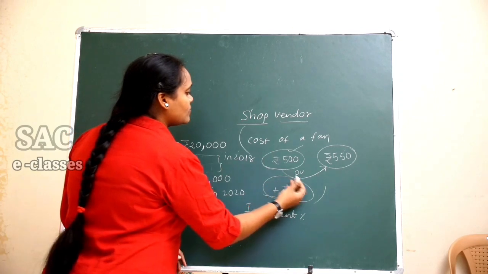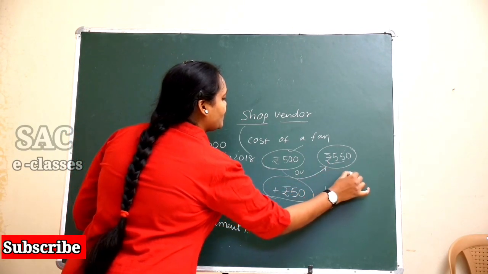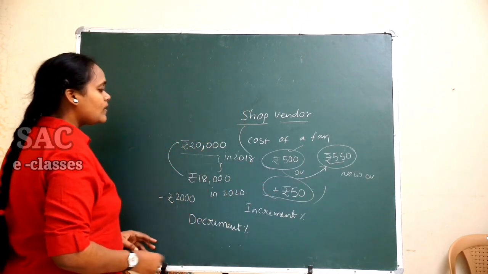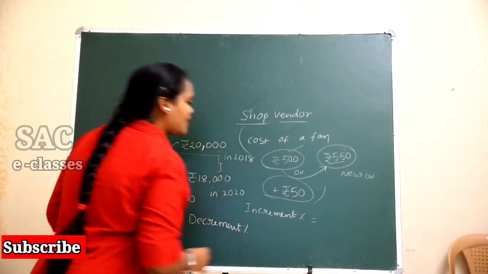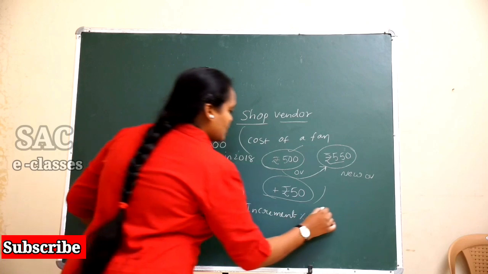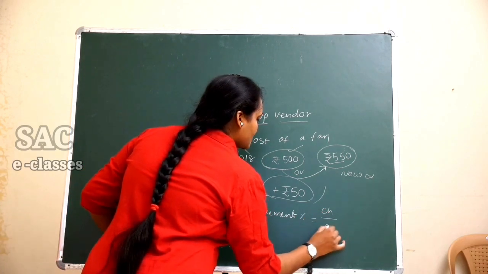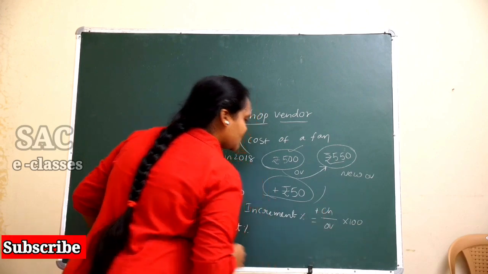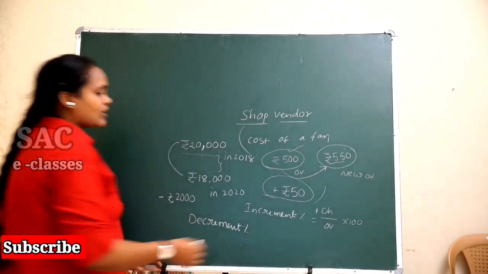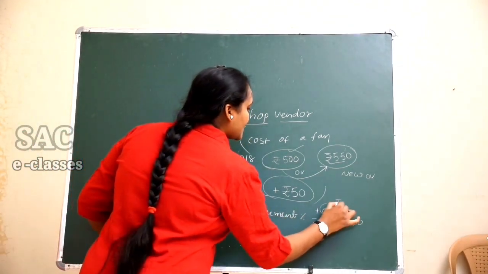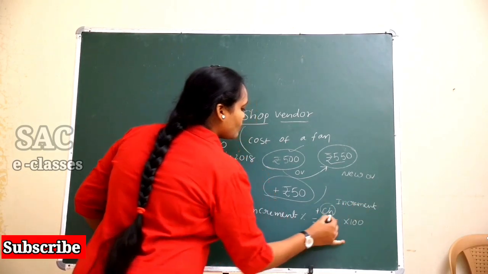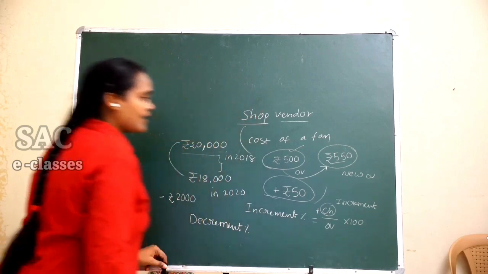After that, the new value is 550. Increment percentage equals change by original into 100. If that change is a positive change, we call it the increase, or increment value, divided by the original value into 100.